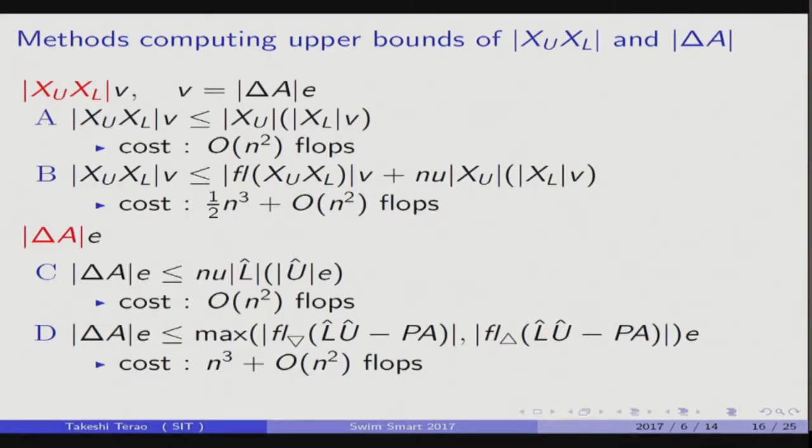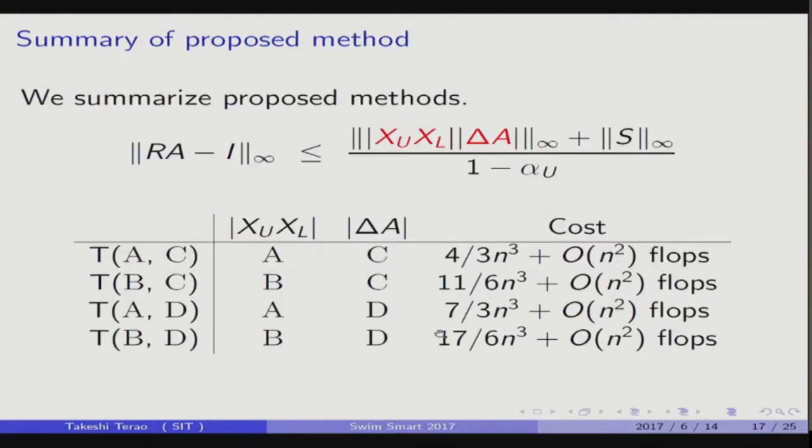Methods C and D compute upper bounds of delta A times B. The computational cost of method C is order n squared flops, and the cost of method D is n cubed flops. On this page, we summarize the proposed methods.